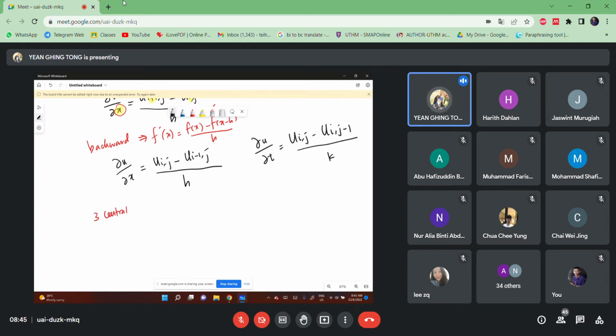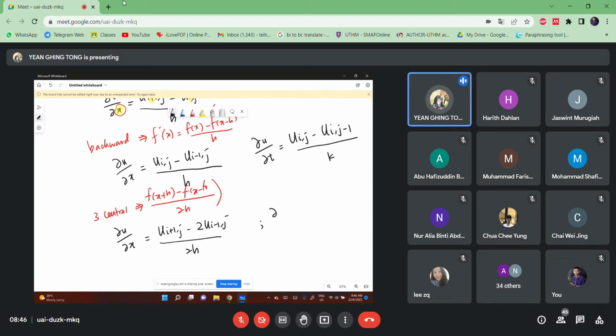For this one also we can use, let's say del U, del X. Okay, so the center formula, that means 3-point center: Ui plus 1j minus Ui minus 1j, and this is 2h.